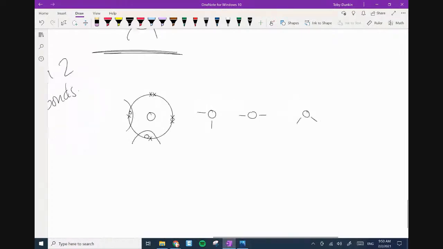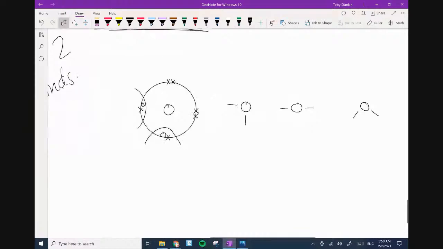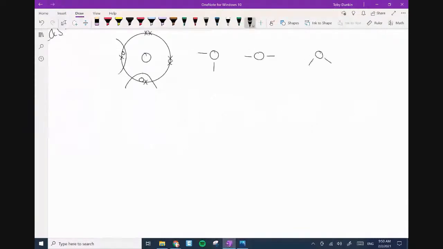So water, you'd never really write down like that, though at GCSE they won't care. But actually it has a shape, and water is said to be bent. It has a bond angle of 104.5 degrees. Not that you need to know that, that's A-level. But it's a really nice thing to recognize. This is actually real.